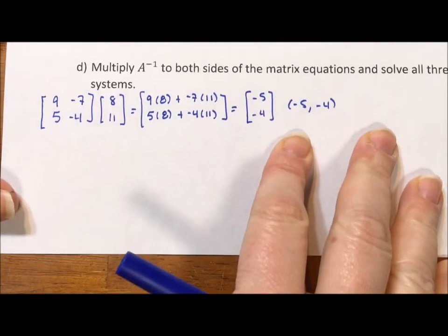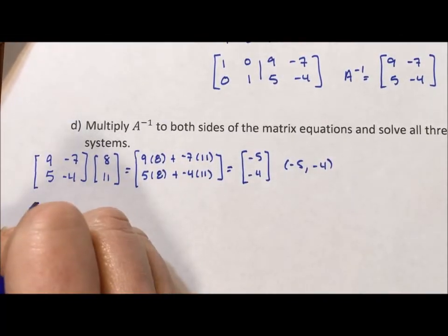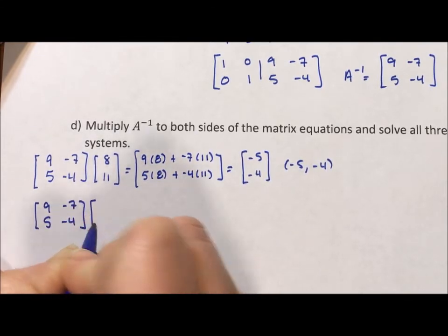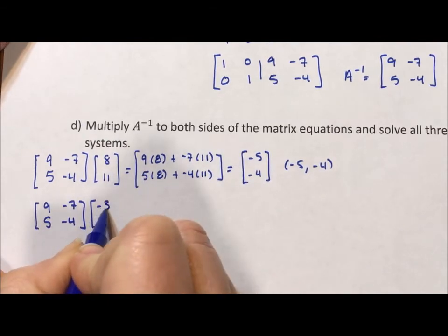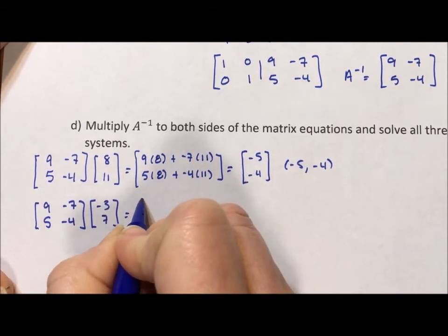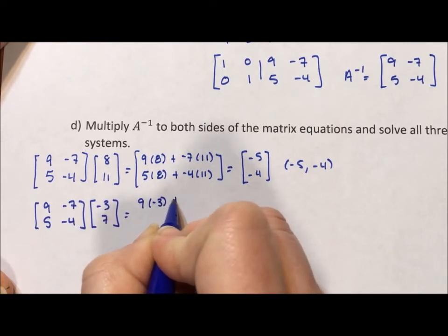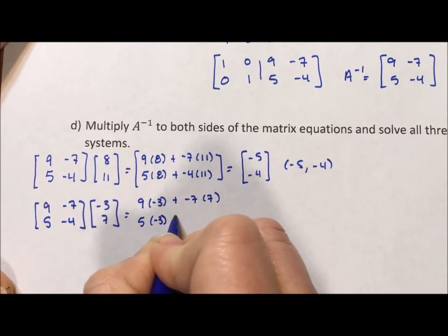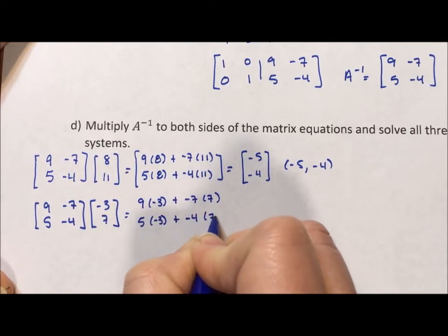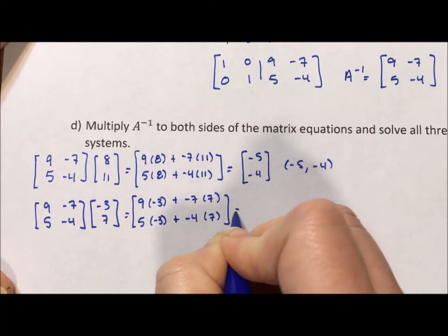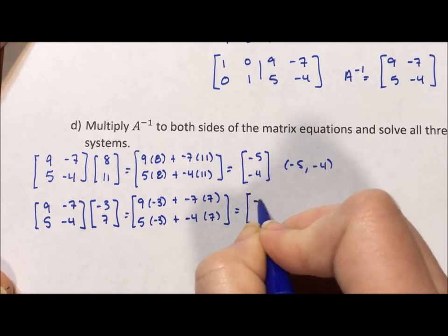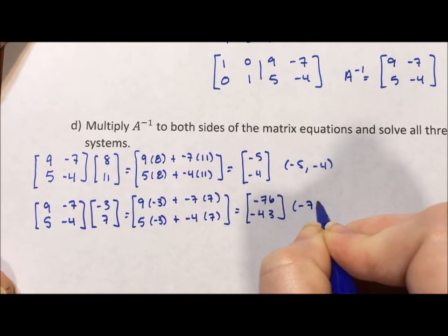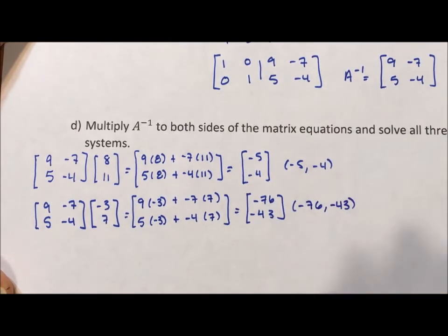All we need to do is put our inverse matrix times our next set of solutions, -3, 7, and multiply. 9 times -3 plus -7 times 7, 5 times -3 plus -4 times 7. When we multiply and add these, we get -76, -43. So our solution is -76, -43 as an ordered pair.